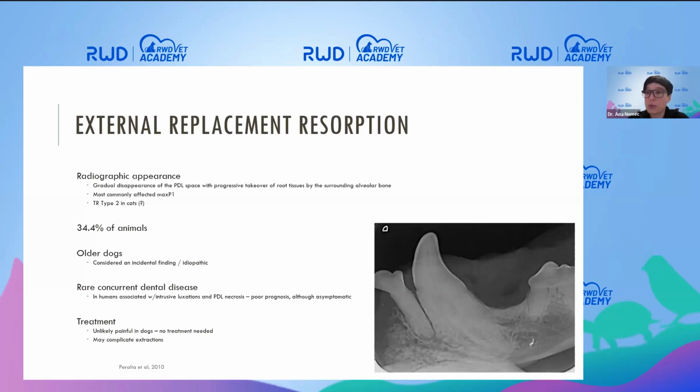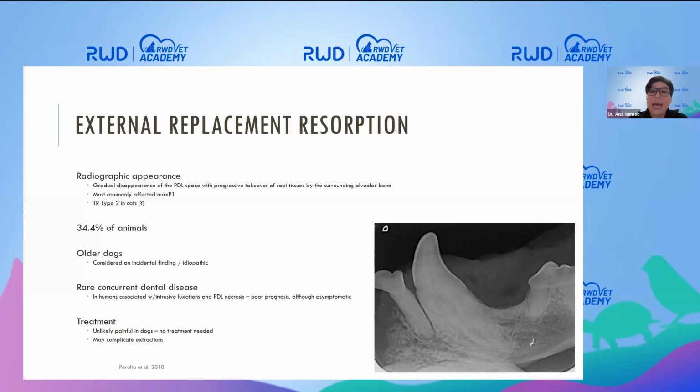So if it's not exposed to the oral cavity, again, we would just monitor it. We have absolutely no idea how fast the disease progresses, similar to cats. So probably we would recommend a 6 to 12 month radiographic recheck, or earlier if the disease becomes obvious clinically.